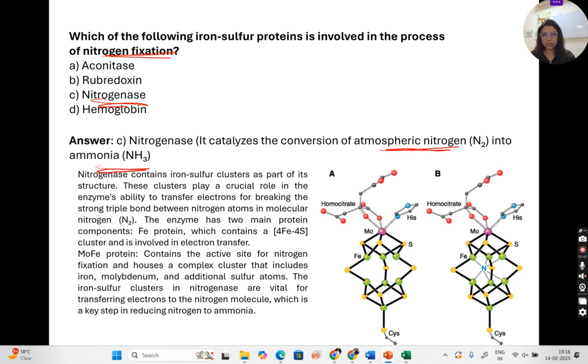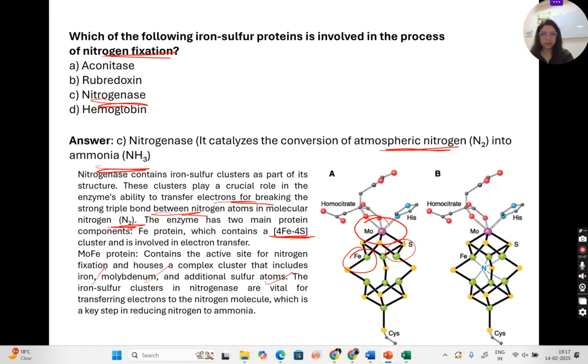Nitrogenase contains iron sulfur clusters like this as a part of its structure, and these clusters play a crucial role in enzymatic ability, and they can transfer electrons for breaking the strong triple bond of N2. The enzyme has two main proteins. It is a 4Fe4S system, and here molybdenum is also present, containing the active site for nitrogen fixation, and a complex cluster that includes iron, molybdenum and additional sulfur atoms.